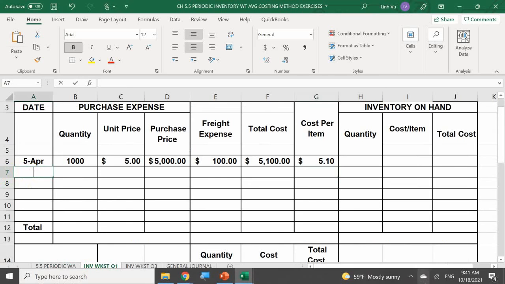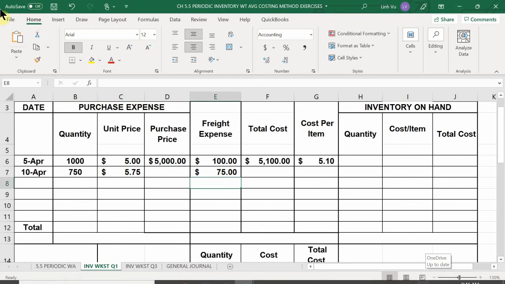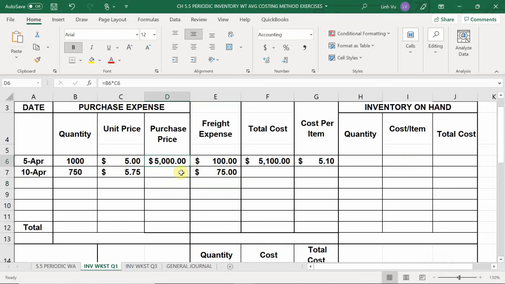So what's my total purchase price here? $4,312.50.